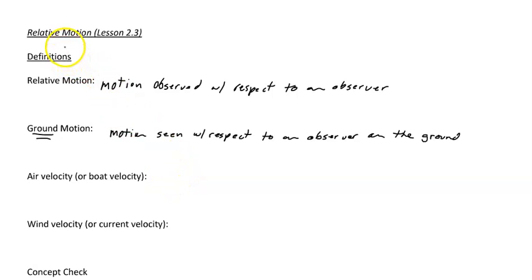But when we're talking about relative motion, we're really starting to now add two vectors. And so we've got the velocity from the air or boat and the velocity from the wind or the current happening at the same time.